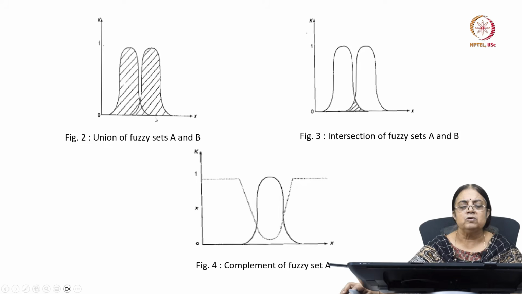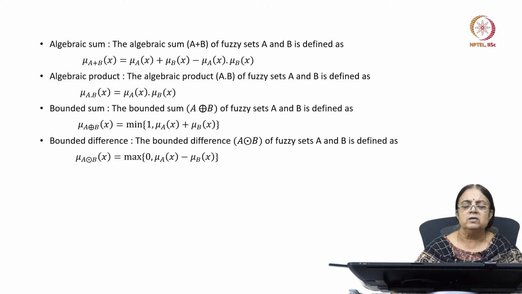So this shows your union, this is the intersection, and if this is your A, then this is your complement of that. At every point the membership value will be 1 minus the membership value which is there over here.